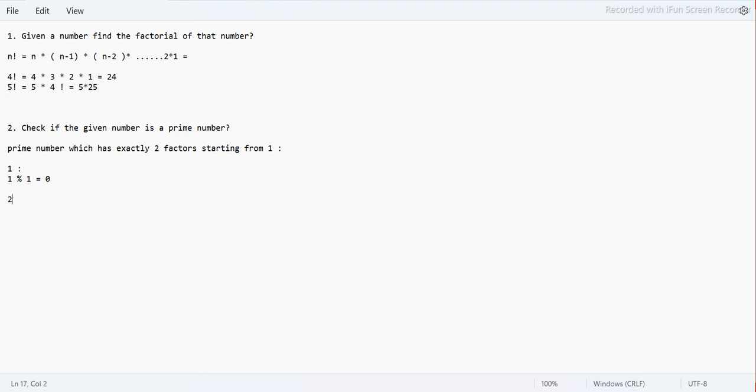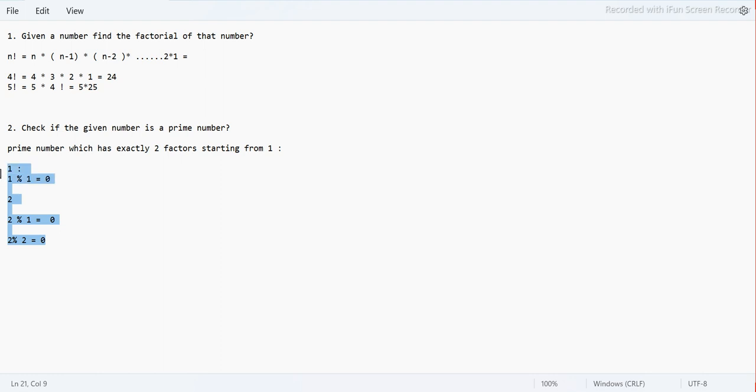Like that, let's say 2, right? So 2 has two factors, right? 2 modulo 1 is 0, and 2 modulo 2 is also 0. So we have two factors here, which means 2 is a prime number, right?